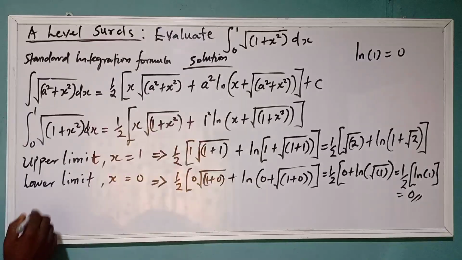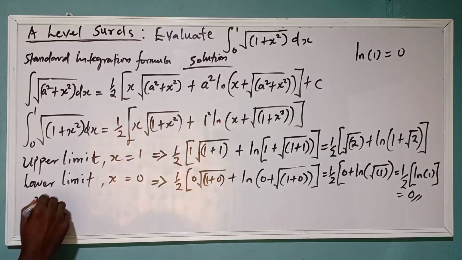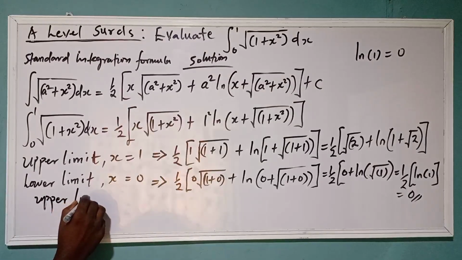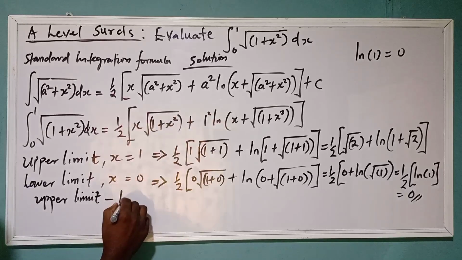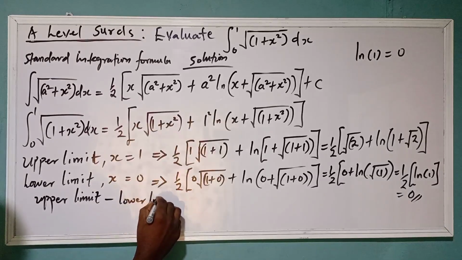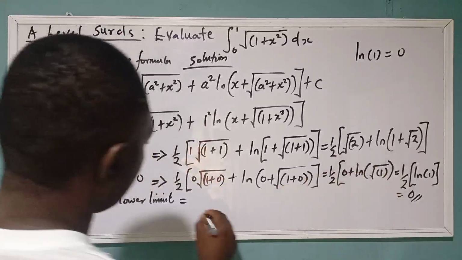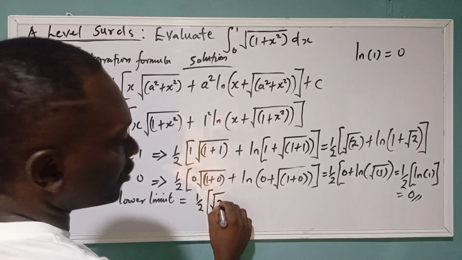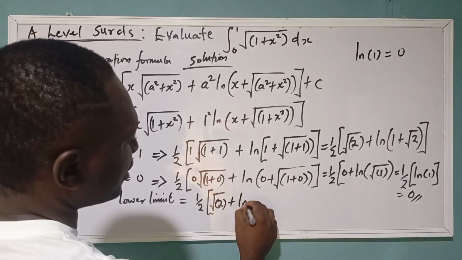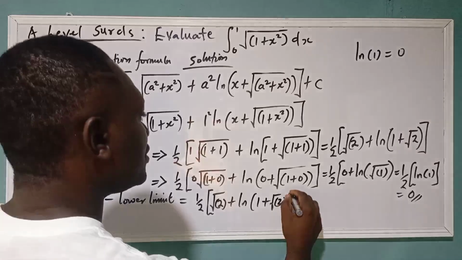So because of this limit, when we do upper limit take away lower limit, we'll then be having this, which is the upper limit, square root of 2 plus ln 1 plus square root of 2, right?